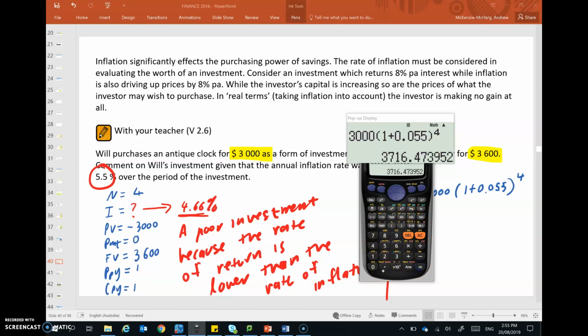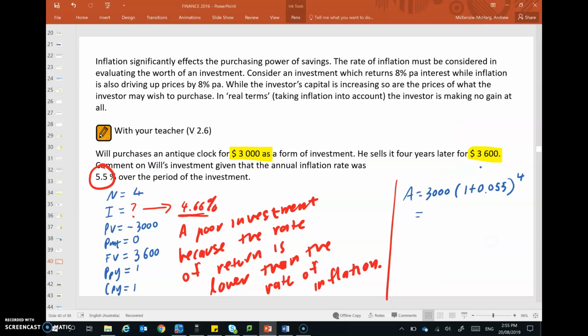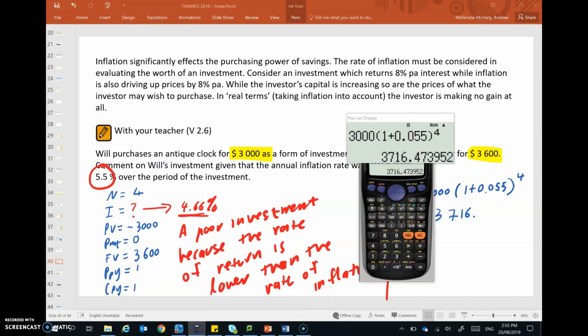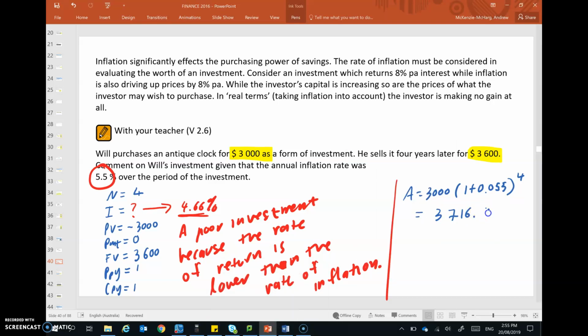And that would need to grow to $3,716. But Will's only got it to $3,600. So he hasn't kept up with inflation. So there's another way to demonstrate that Will's investment is poor. $3,716 and 47 cents. So Will would need to sell the clock for this much to get as much value out of his money and keep up with the rate of inflation.